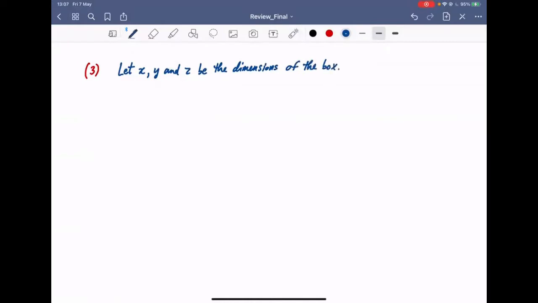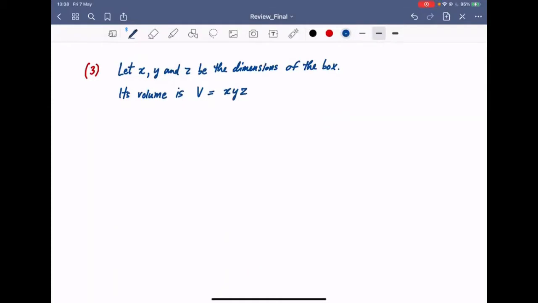Because you know that its volume, the volume of the box, is length times width times height, V equals x times y times z. You want the maximum of the function V.